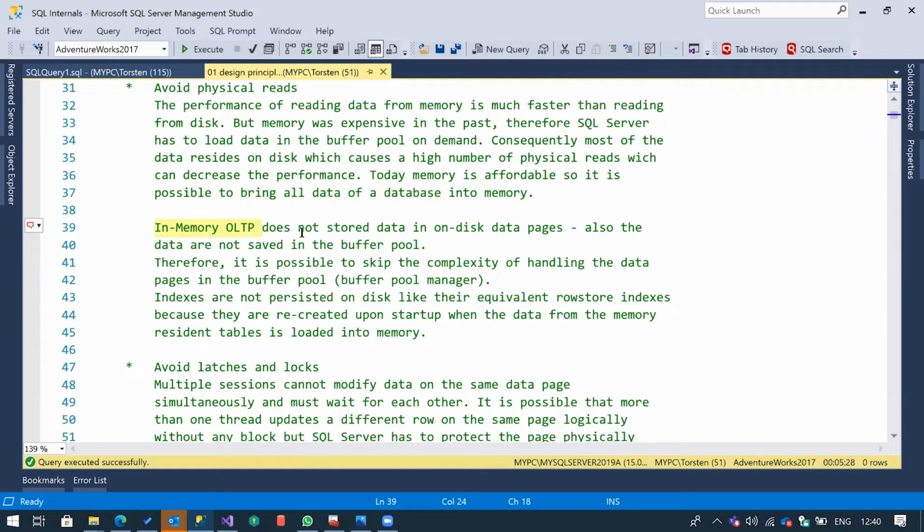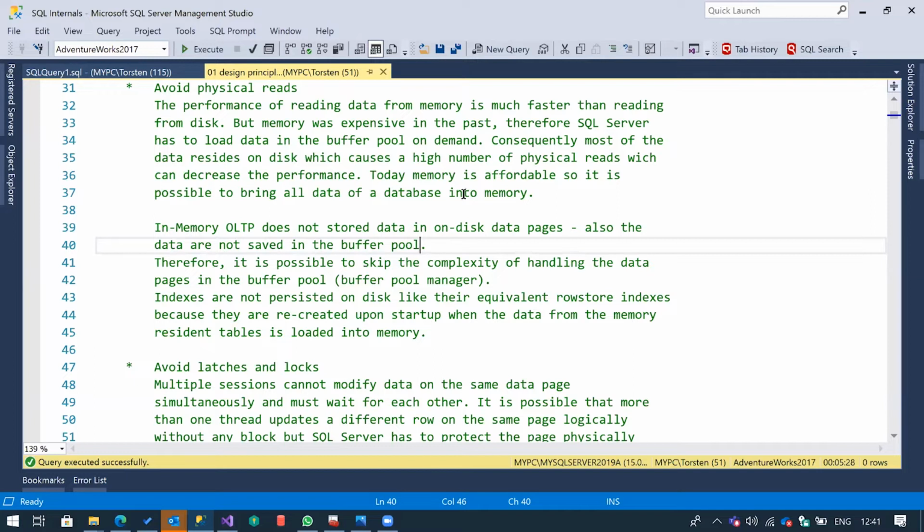So in-memory OLTP does not store data in on-disk data pages. Also, the data are not saved in the buffer pool. That means there is almost, we will see it later, almost no read-write operation to your disk. It depends a little bit.